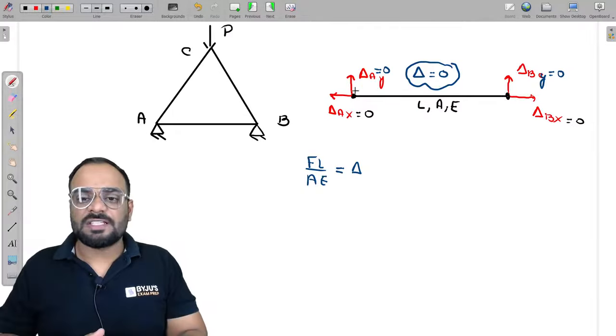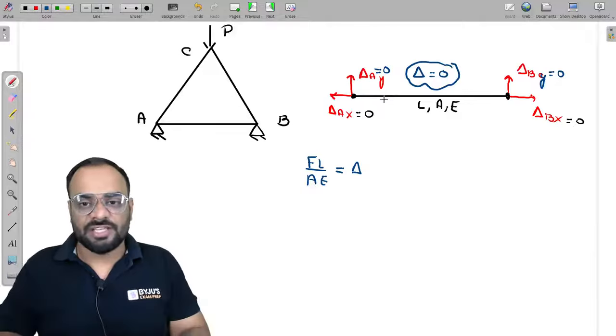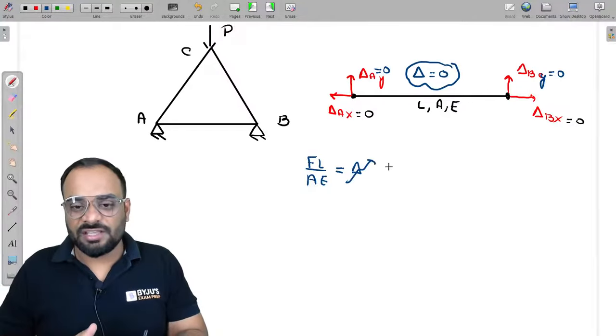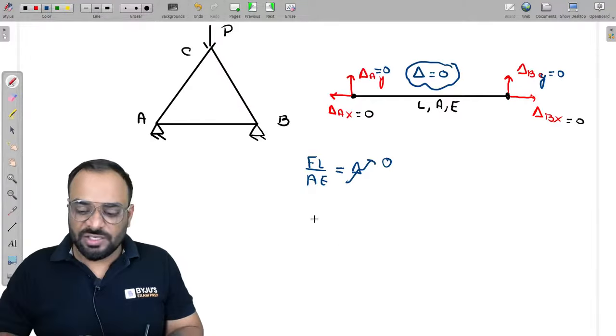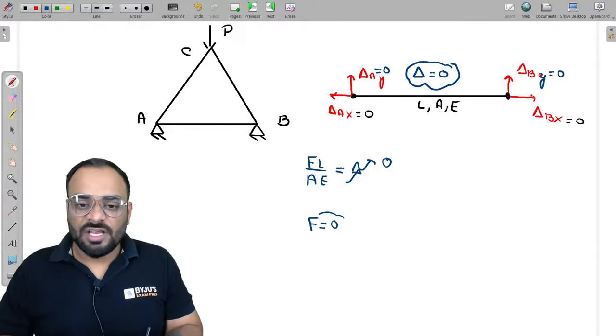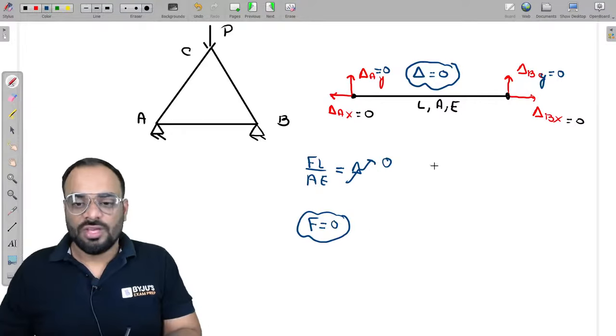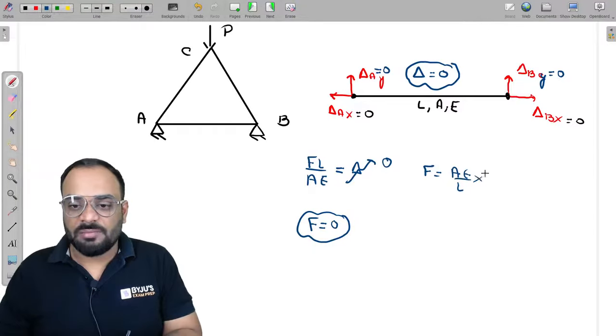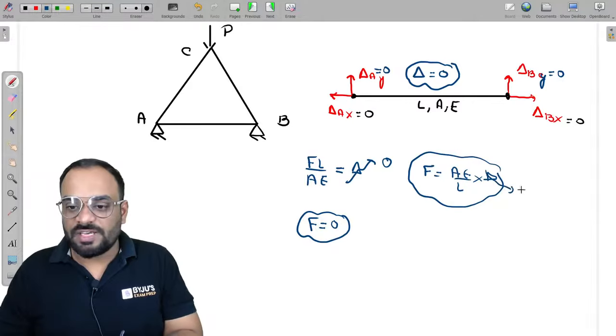Now tell me, guys, this member will not have any kind of change in length. If it is not having any kind of change in length, then this delta is 0. If delta is 0, then the value of F is equal to how much? Again, it is 0. Yes or no? Why? Because we can write F is equal to AE by L multiplied by delta, simply, right? So this particular value is how much, guys? It is 0.